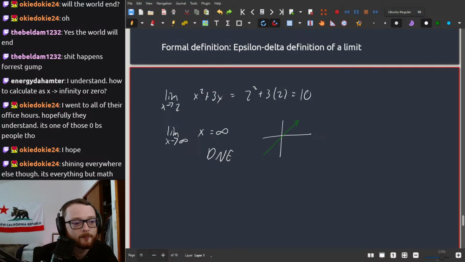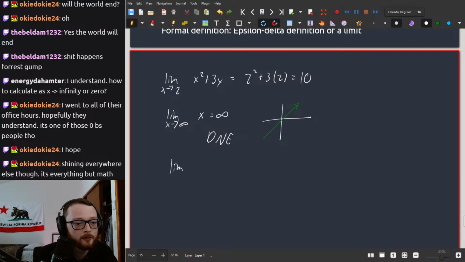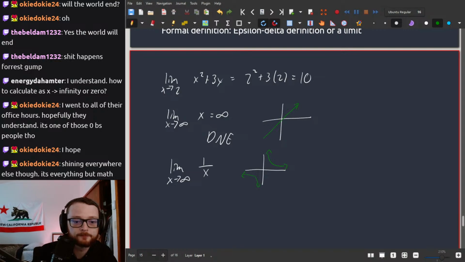A more interesting thing for x going to infinity that'll help us with the x going to 0 case too. Let's think about the limit as x goes to infinity of 1 over x now. So 1 over x looks like this. As x goes to infinity off to the right, this function is heading towards 0.